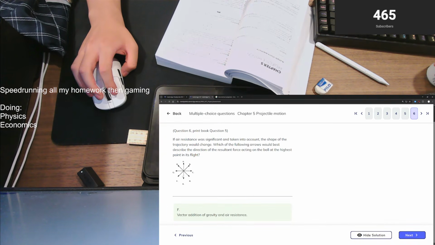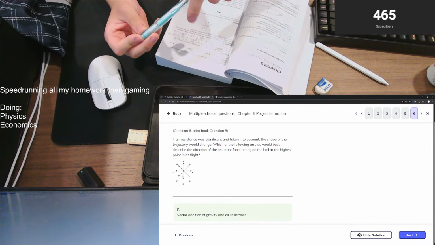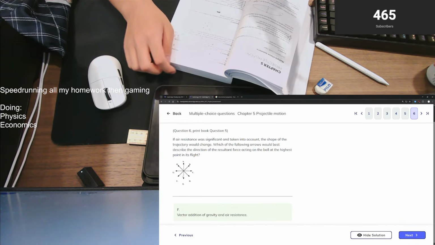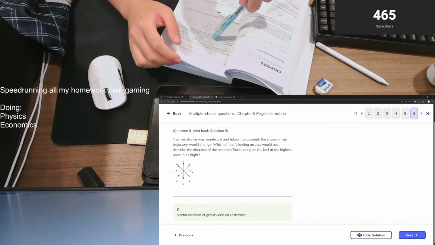It's F. Vector addition of gravity and air resistance. What? What is this question?